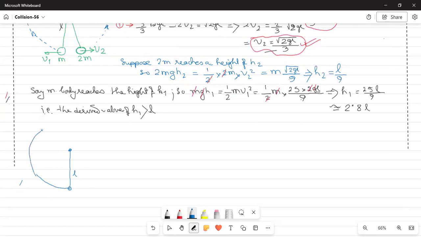In any case, it cannot go above the length L because it is tied to a string.